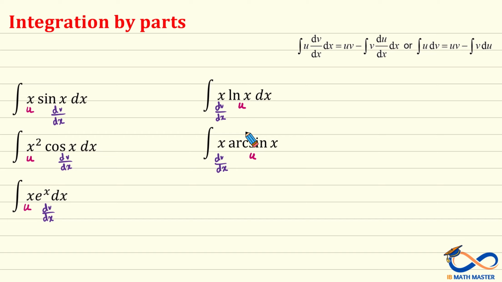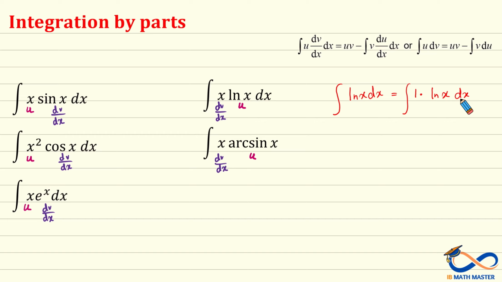Now notice that also in some examples you would see the integral of only ln x. So here we can do this also by integration by parts. But you might say we don't have another function or another product. Here we do. You can assume that this is 1 times ln x.